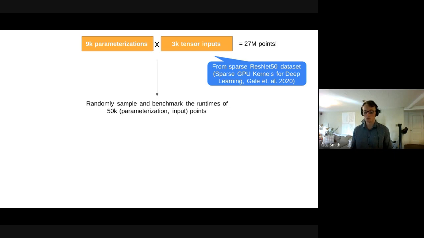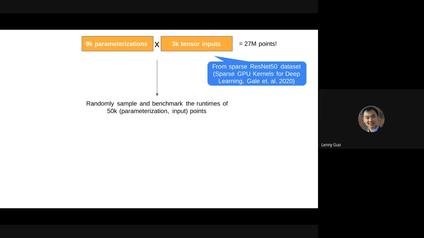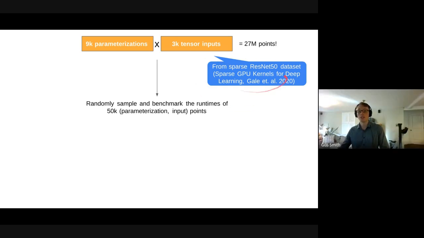So these are presumably real sparse tensors from deep learning. So that's our tensor data set, and we have about 3,000 tensors there.